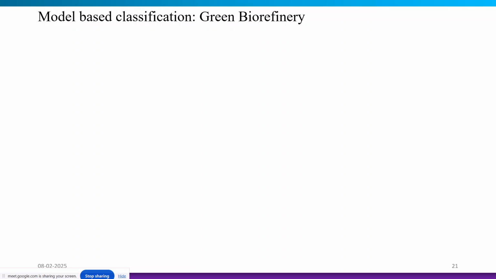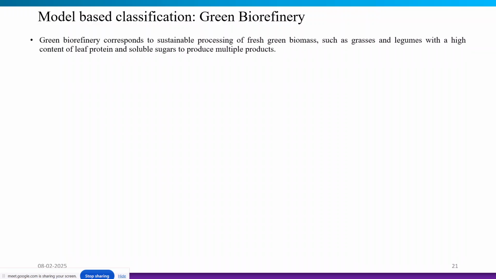The next type of biorefinery, which is also a model-based classification of the biorefinery, is green refinery, green biorefinery. Green biorefinery corresponds to sustainable processing of fresh green biomass, such as grasses and legumes, with high content of leaf protein and soluble sugars, to produce multiple products out of that.